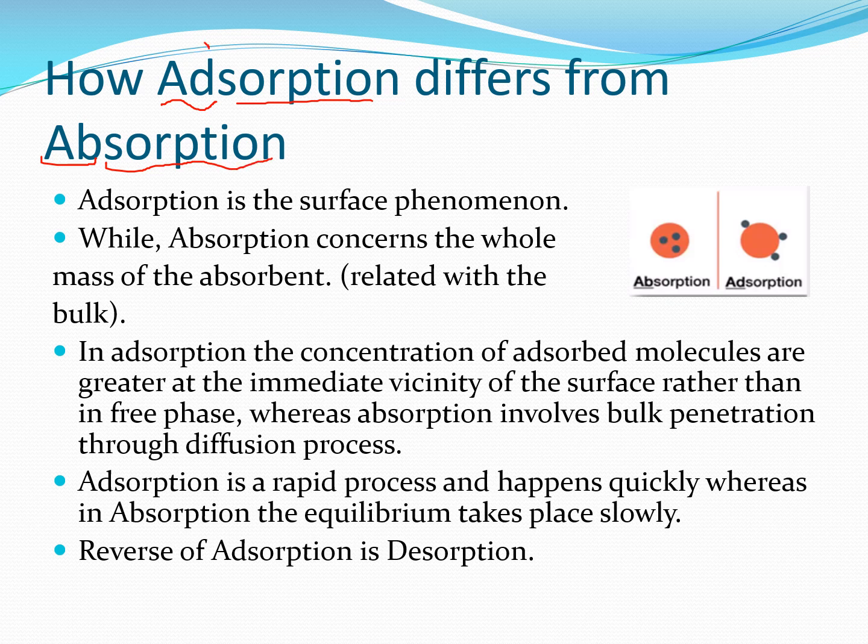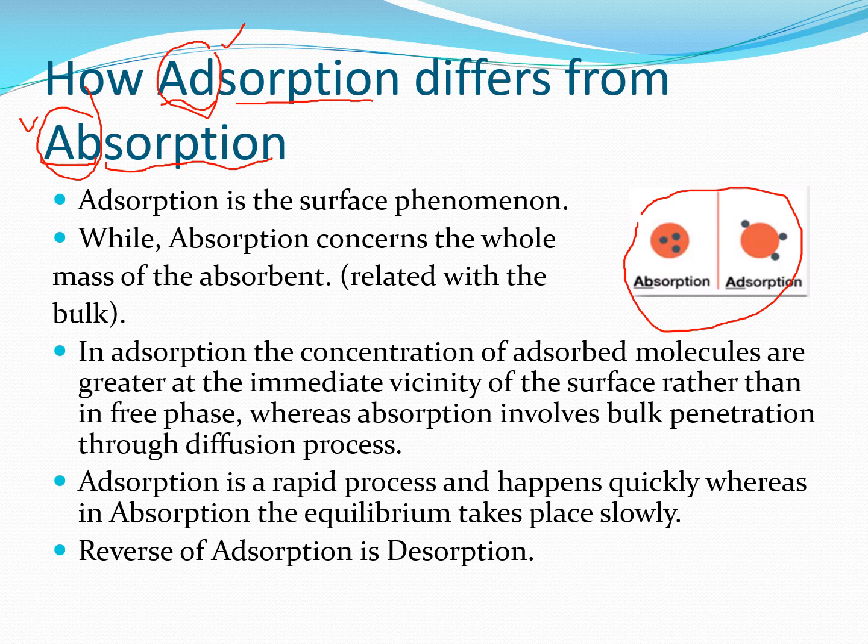So you can see adsorption is different from absorption. Adsorption is a surface phenomenon and absorption is a bulk phenomenon. So there are certain differences here. As you can see in this figure, in absorption, the solute molecules or the adsorbate are absorbed inside the body of the absorbent, whereas adsorption is a surface phenomenon.